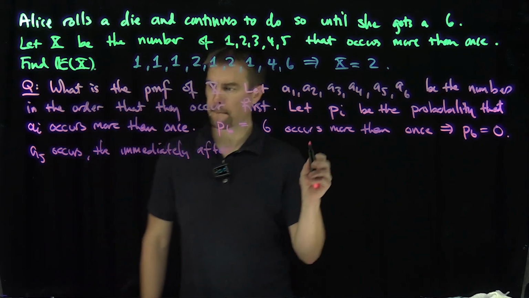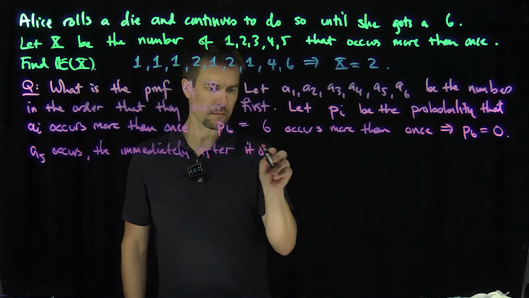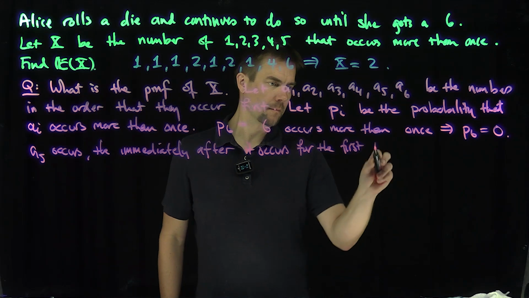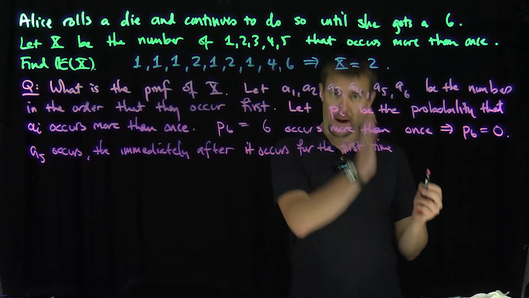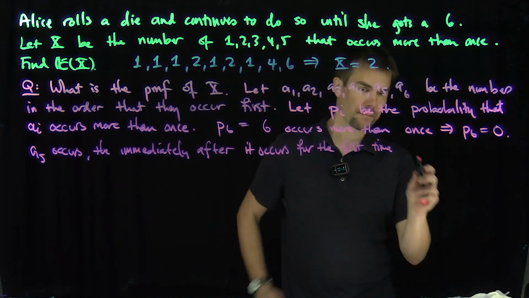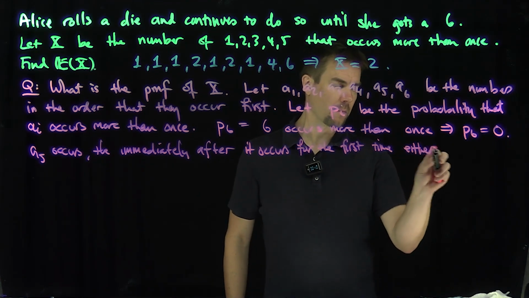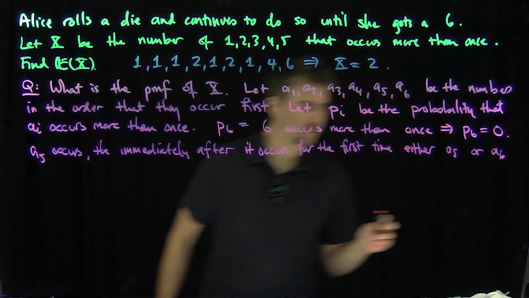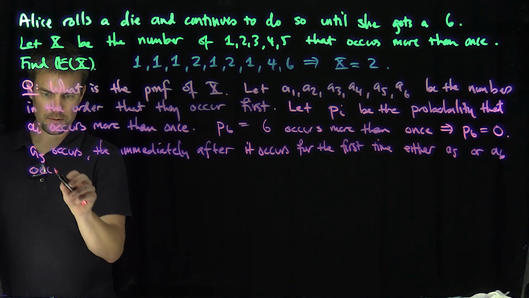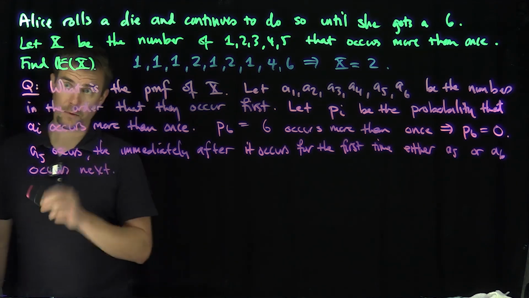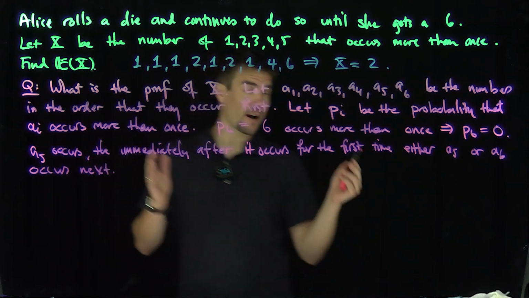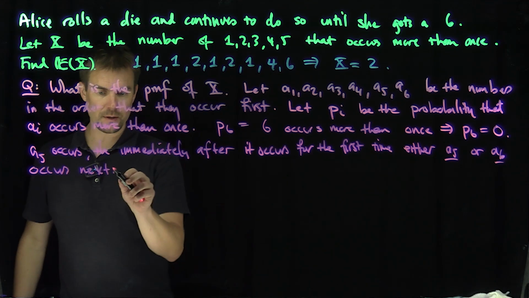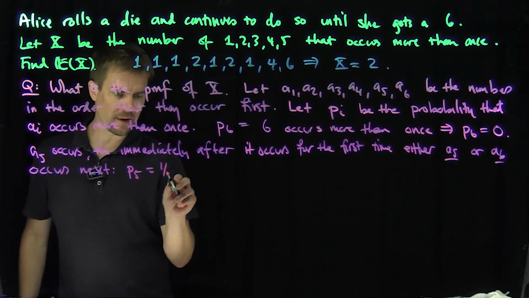A5 occurs for the first time. Then immediately after, either you see A5 or you see A6 occurs next. Now by symmetry, 1/2 goes to A5, 1/2 goes to A6, you're done. So now you've just proven that P5 is equal to 1/2, okay?